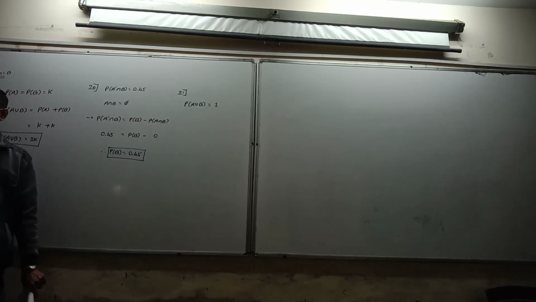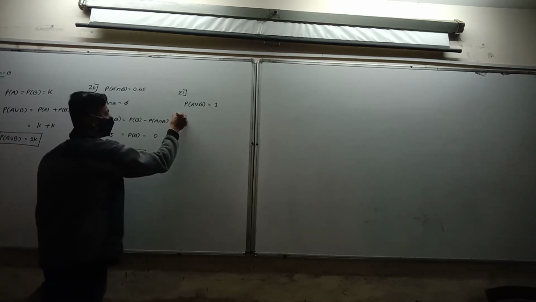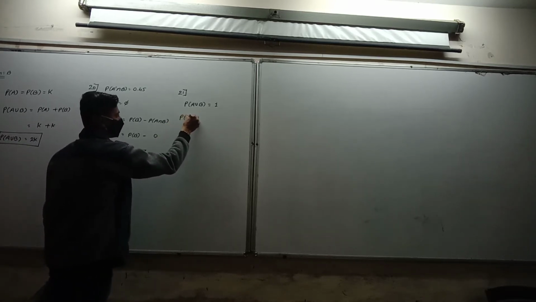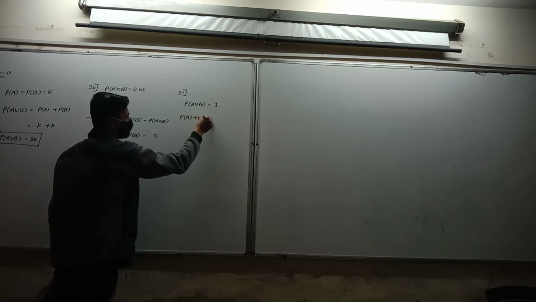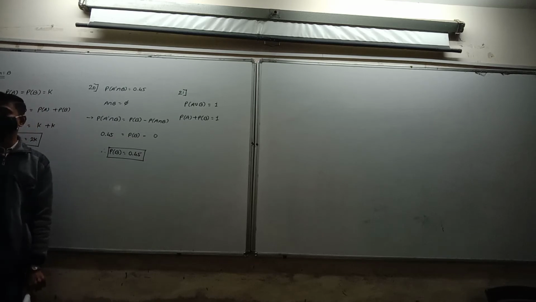Okay, you can see in the formula we wrote: P of A union B is equal to P of A plus P of B, which is always 1 for mutually exclusive and exhaustive events. So P of A plus P of B is equal to 1. A intersection B is phi, null set, value is 0.